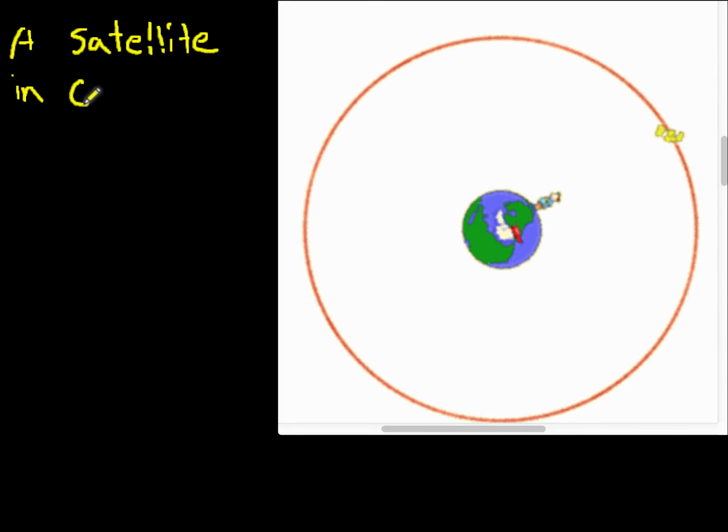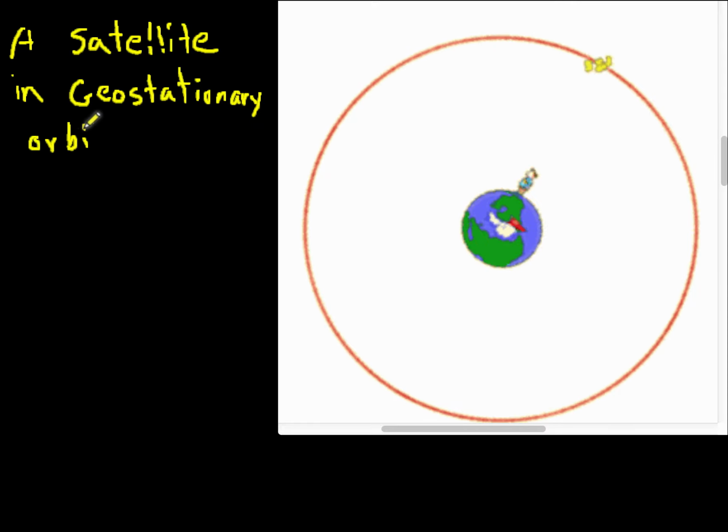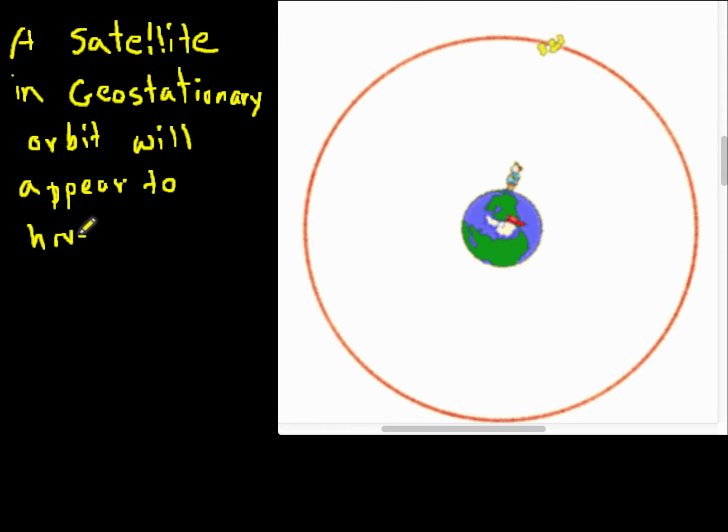A satellite in geostationary orbit will appear to hover above the same point at all times.